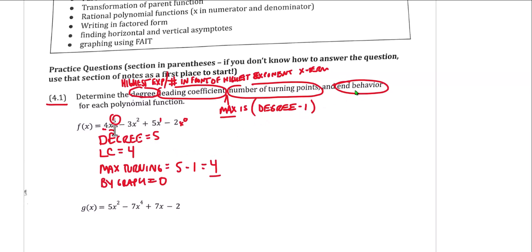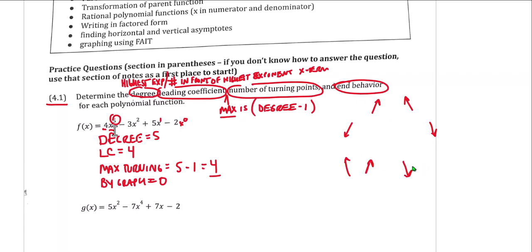In terms of the end behavior, remember end behavior has to do with both the leading coefficient and the degree. If your degree is odd, you are leaving the graph at opposite ends. One is going to be going down and up, or one is going to be going up and down. If you are even, it's either both up or both down.